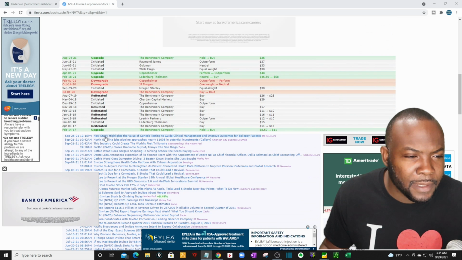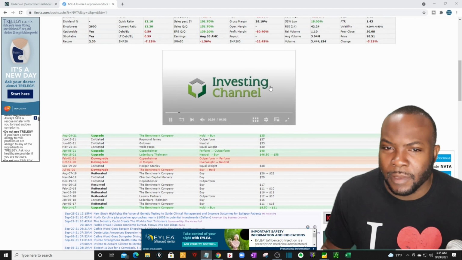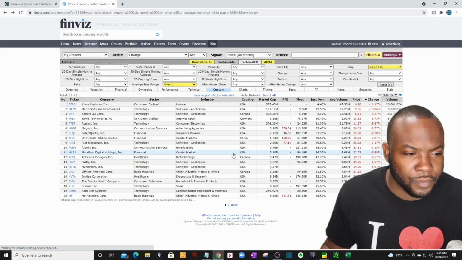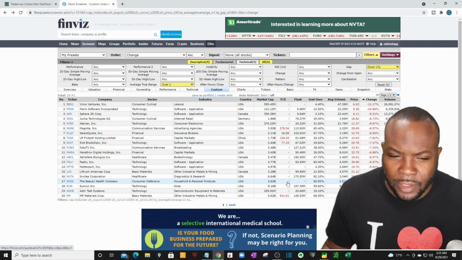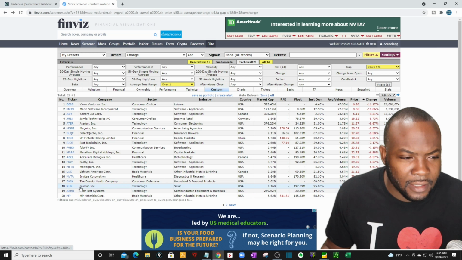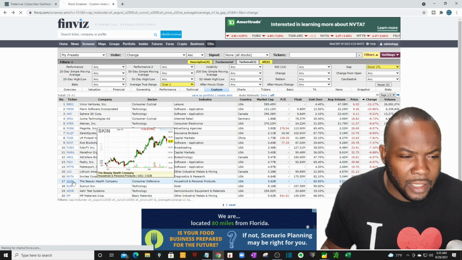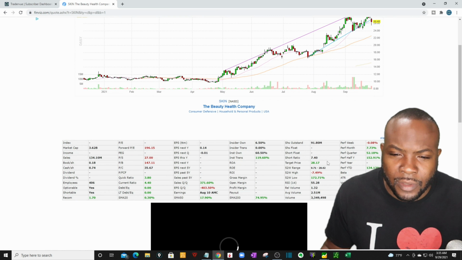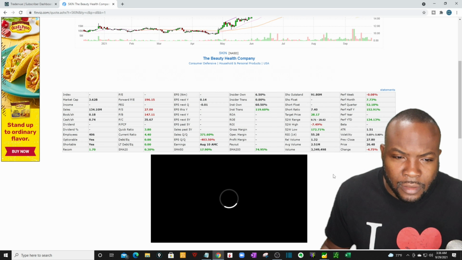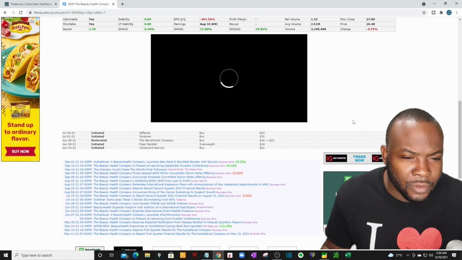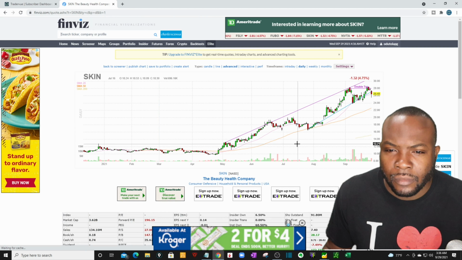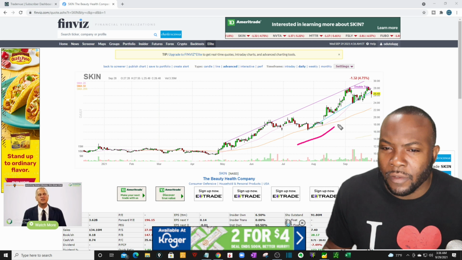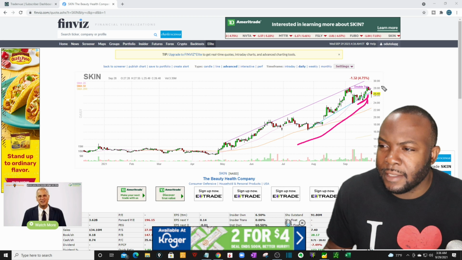Does this have any specific news? I don't see any specific news on this particular stock. The next one I see here is SKIN. Let's take a look at what this one is. I don't have any information on float here. Do I have any news? This particular stock has gone on somewhat of a parabolic move and is selling off right here.